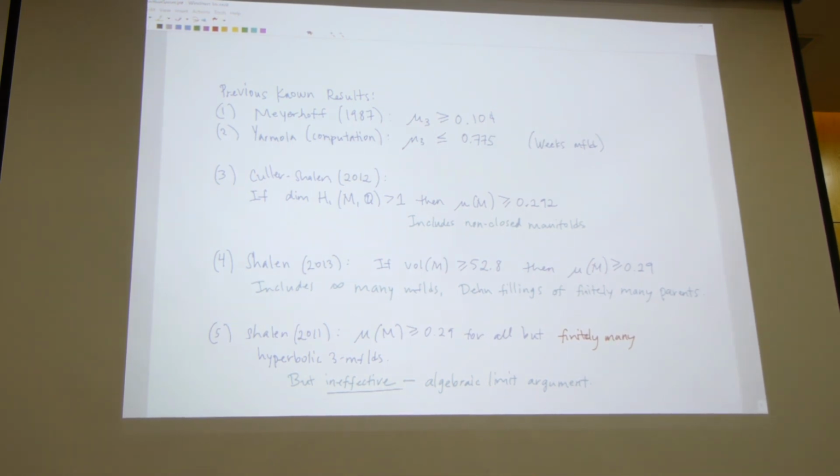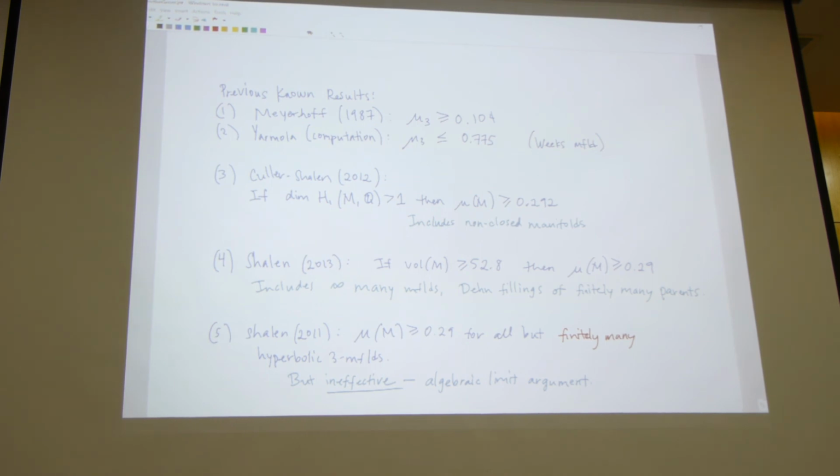And then building on this work, in 2003, Peter Shalen showed that if your volume is at least 52.8, then the Margulis number is at least 0.29. This is a nice effective theorem, but unfortunately it leaves infinitely many manifolds behind. So what I meant by this is, if I'm going to try to prove the Margulis number is at least 0.29, then I've got to check it on a set that includes infinitely many manifolds.